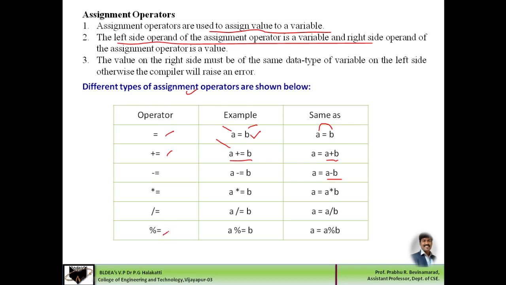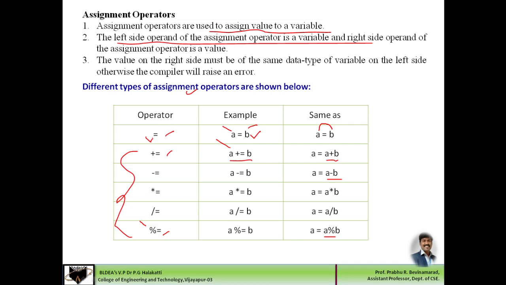At last, this is the modulus operator. In this case, the remainder between A and B: A is divided by B and whatever the remainder is will be stored in A. Either we can use these shortcut assignment operators or we can use the simple assignment operator in a C program.